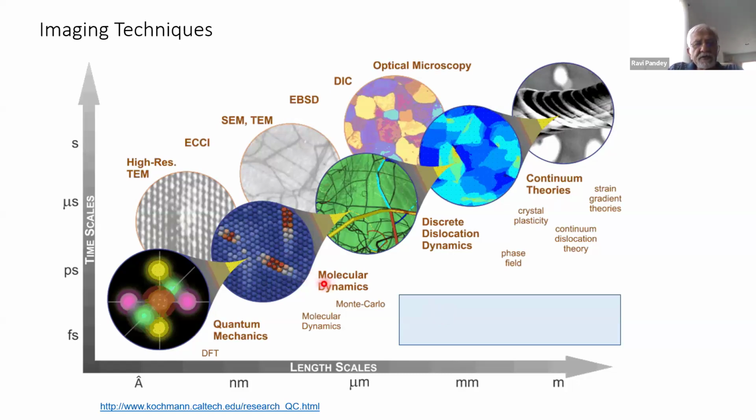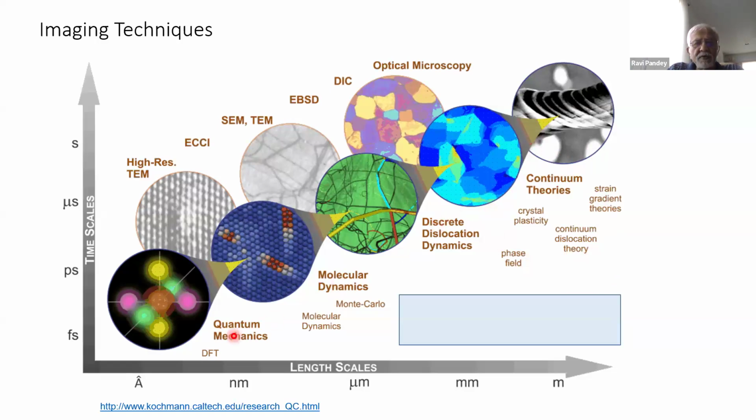So here, this is a nice way of describing the relationship between simulation and what we call imaging techniques. You have on the y-axis the time scale, and on the x-axis the length scale. If you look at the corner, the right-hand corner or left-hand corner, we have so-called optical microscopy, and we have the tools coming from continuum theories or classical models.